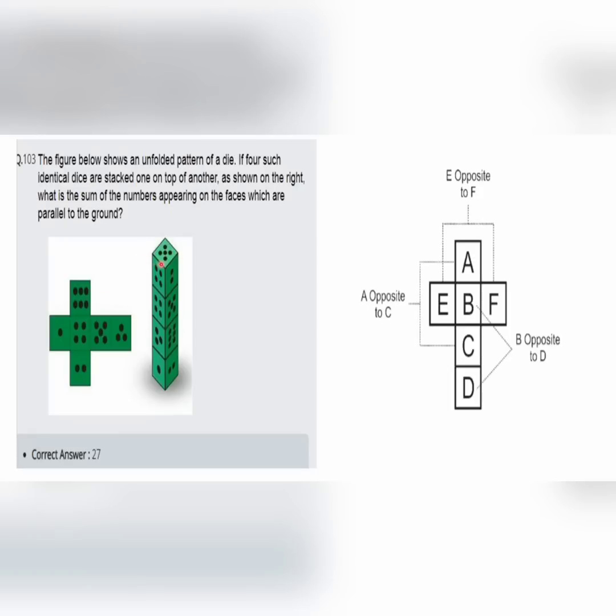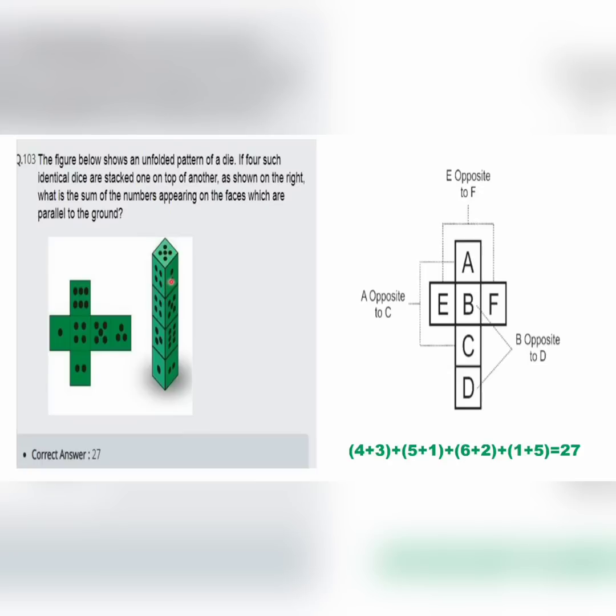Then the next cube: here there is 5 at the top, so at the bottom of this cube there will be 1. It's for sure.